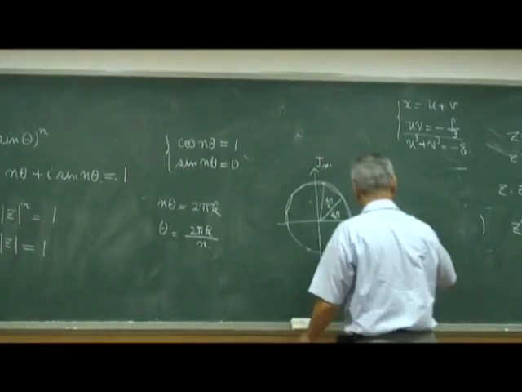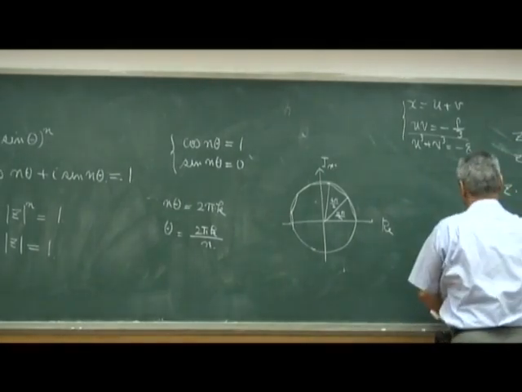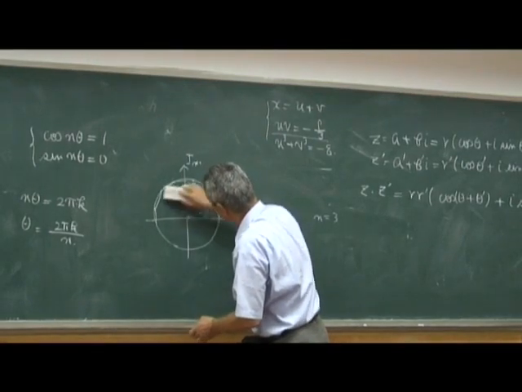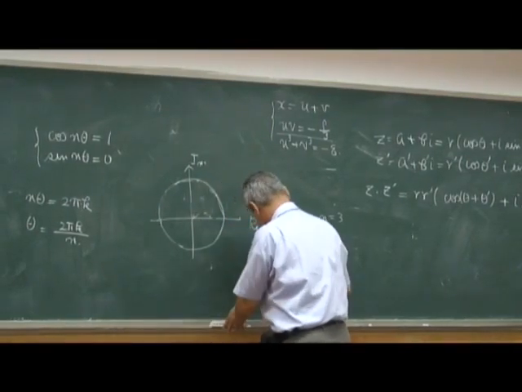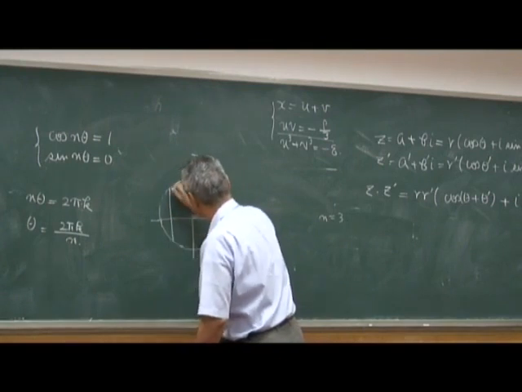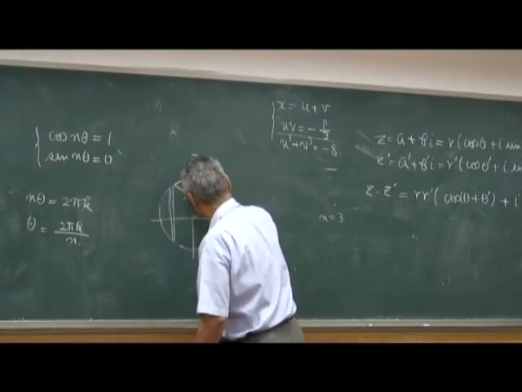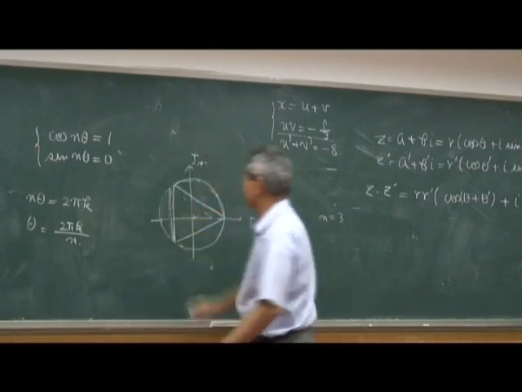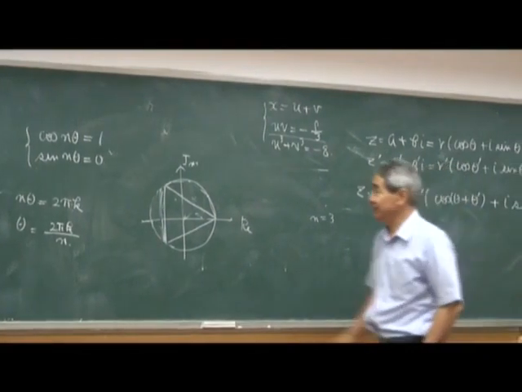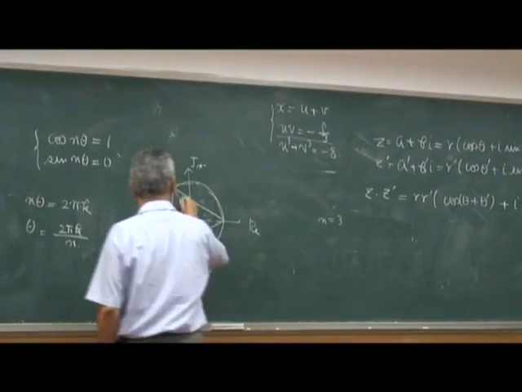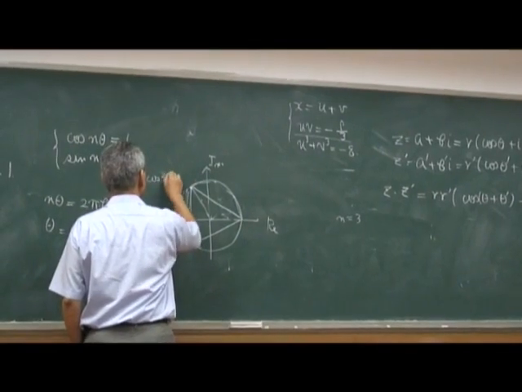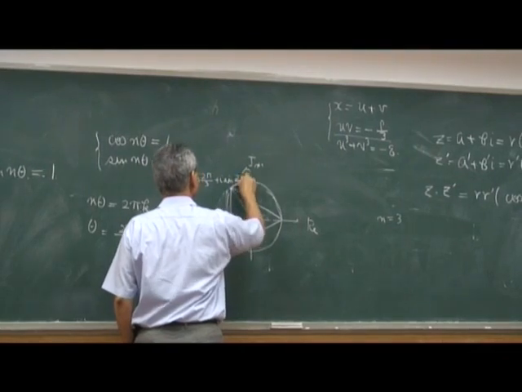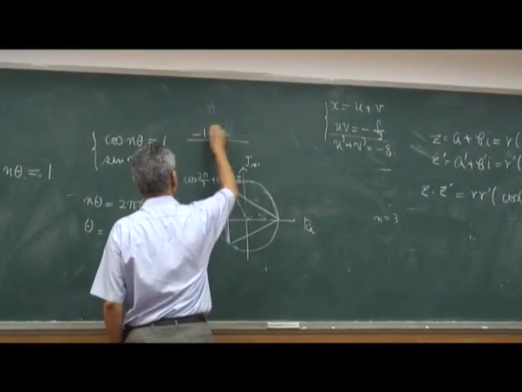Therefore, the simplest case is n equals 3. So what you get is this triangle, and this number is 2 pi over 3, plus pi. And another way to write it down is -1.